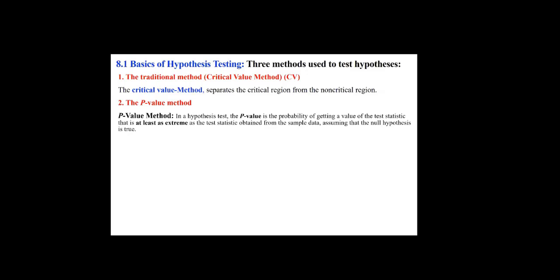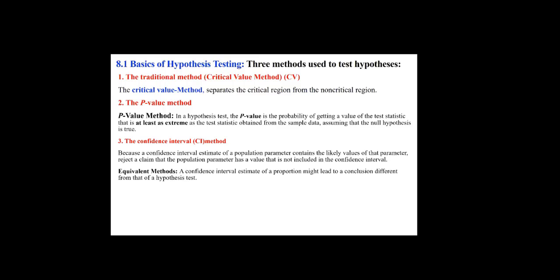In the second case, we compare areas. The p-value in essence is the area to the right of the test statistic for the right tail test, area to the left of the test statistic for a left tail test, and of course area to one side times 2 for a two tail test. So we'll see that as we come across.